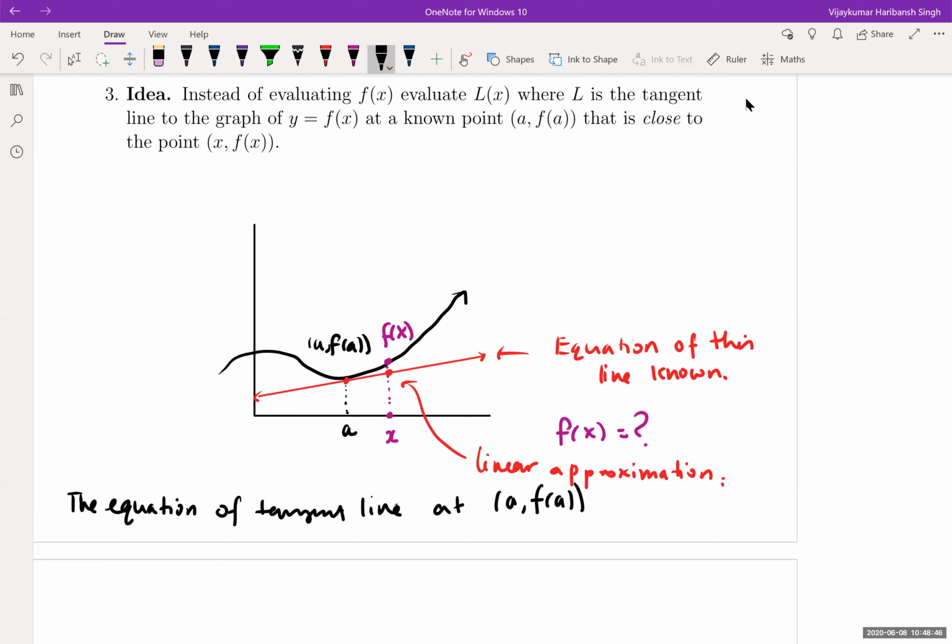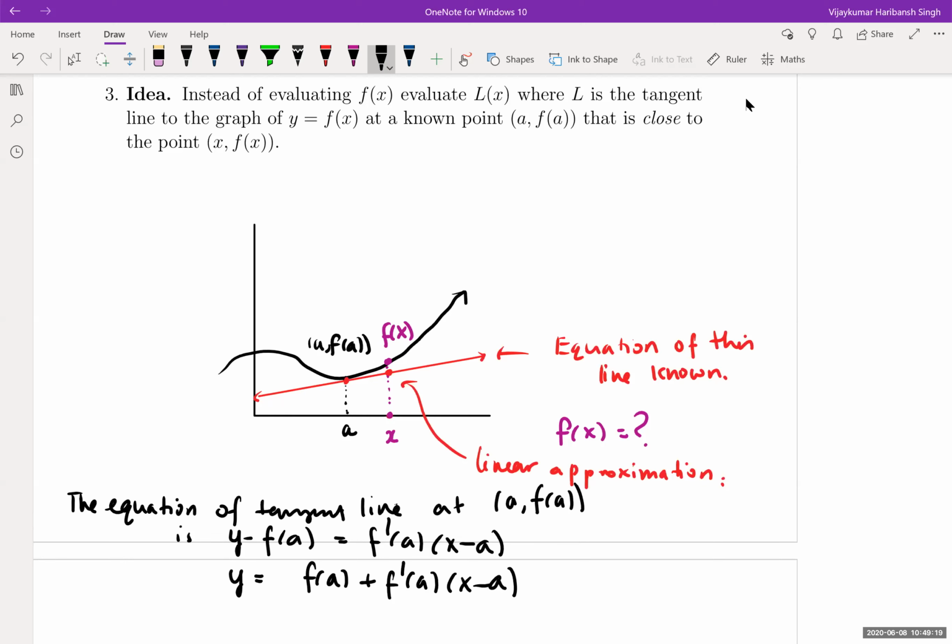It is y minus f of a equals f prime a times x minus a. Of course, if you're using a to approximate for x, then the tangent line better exist there, otherwise this whole apparatus will fall apart. So that means the function should be differentiable at that point. Or we get y equals f of a plus f prime a times x minus a.